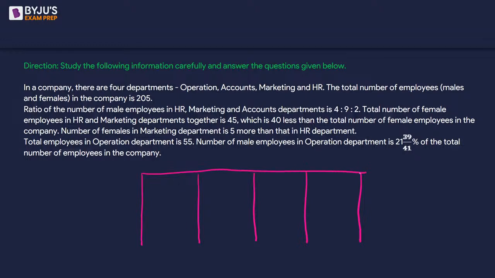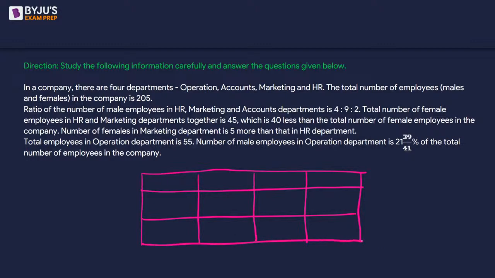We'll write down the name of the departments, and then we will have male and female, right? We will also be writing down the total. So the departments being operations, accounts, marketing, and HR, and we'll be dealing with male and female in each of the departments. We will also be talking about total number of male and female, and total number of people in the departments, right?